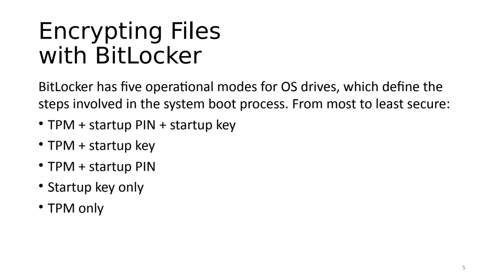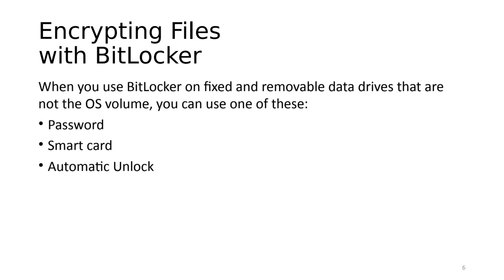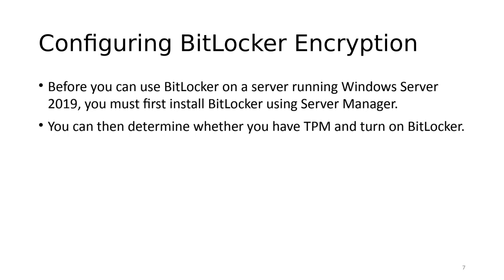So the security moves from top to low, from high to low. Now when you use BitLocker on fixed and removable data drives that are not the operating system volume, you can use one of these: password, smart card, or automatic unlock.